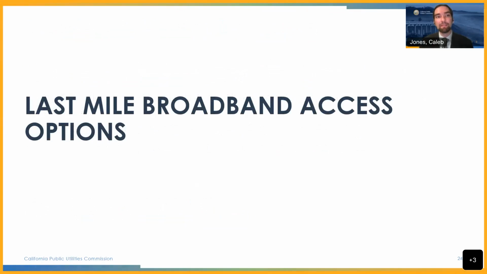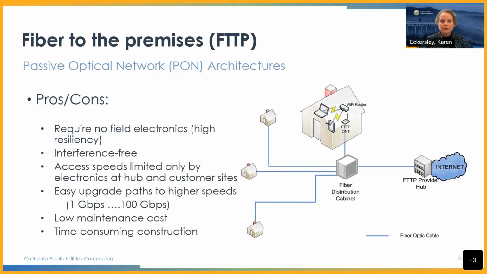In this next section, we'll cover each of the 5 competing technologies in more detail. The first is fiber to the premises, which is the fastest and most long-lasting technology available.